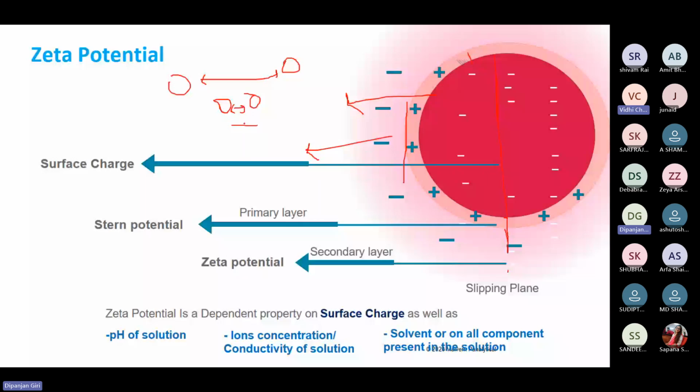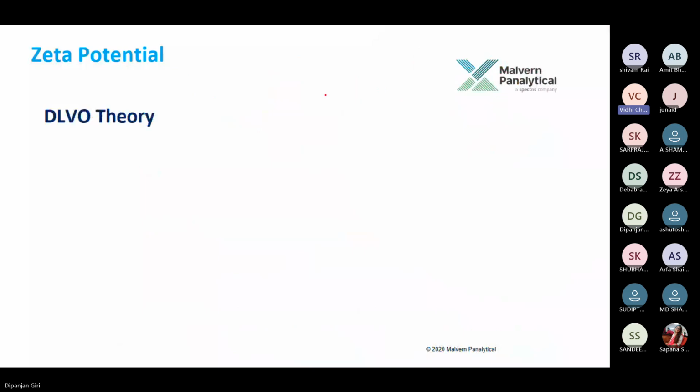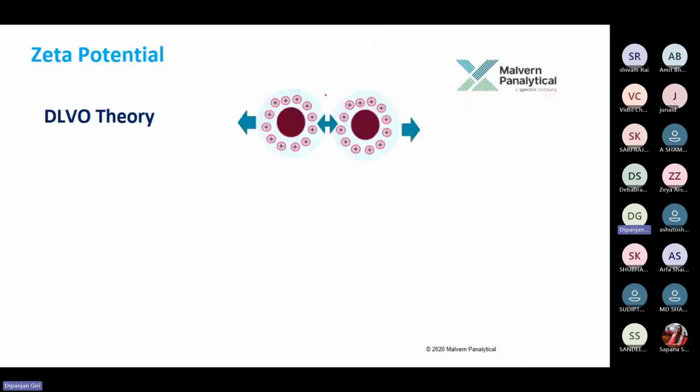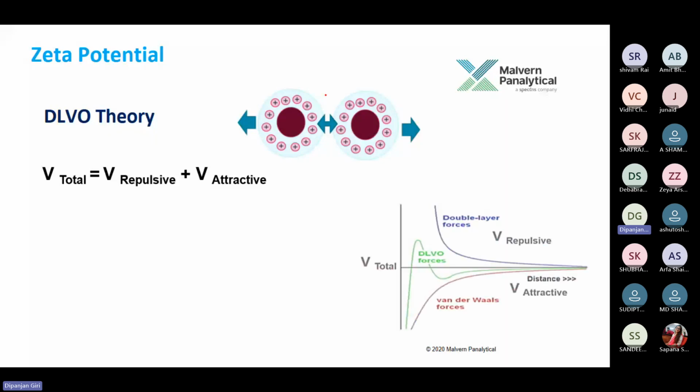So this is the physical significance of the zeta potential. Usually people use it so that particles do not get a chance to come close and form aggregates. Before going to the measurement technique, I will give a very quick overview of the DLVO theory.